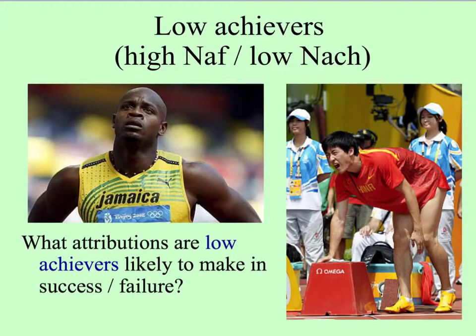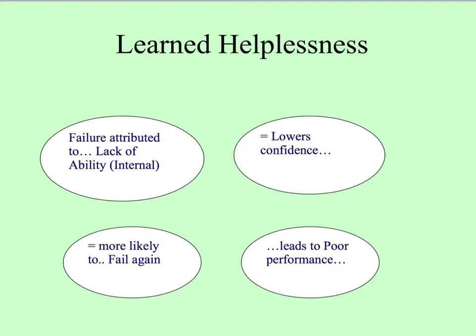So, as in the achievement motivation lesson, we know that low achievers are likely to have a low self-confidence, etc., don't believe much in themselves, and therefore if they succeeded they'd blame it on luck, and if they failed they would blame it on their lack of ability. These things would obviously be negative.